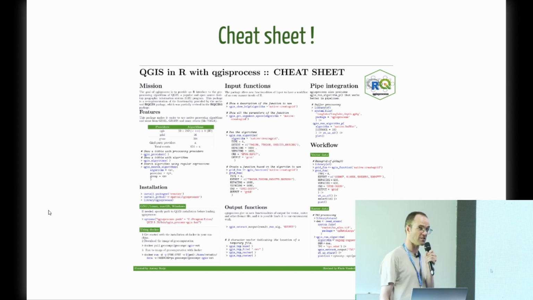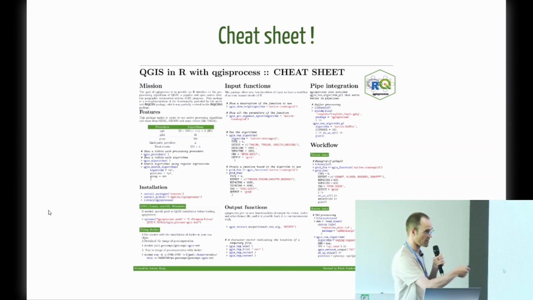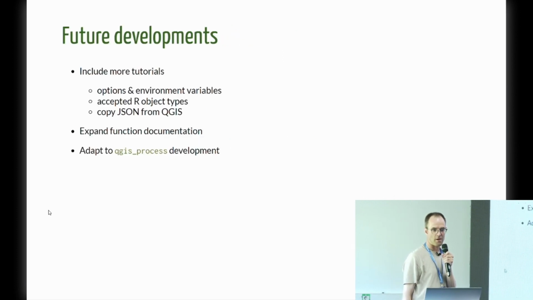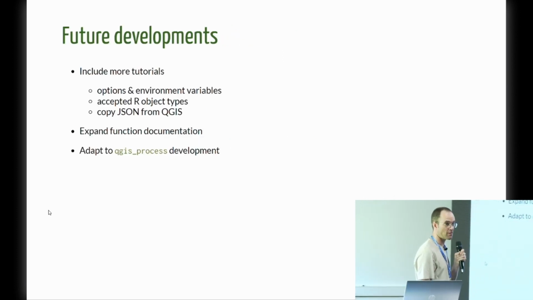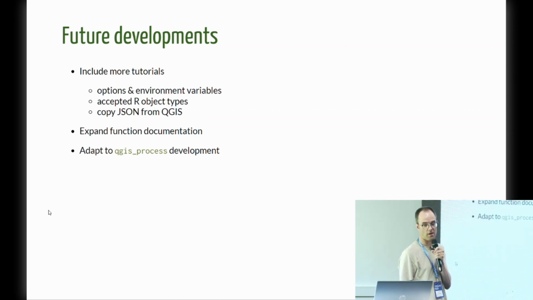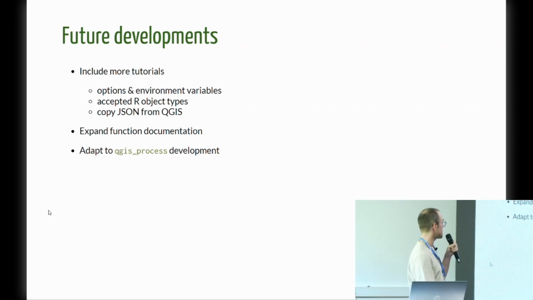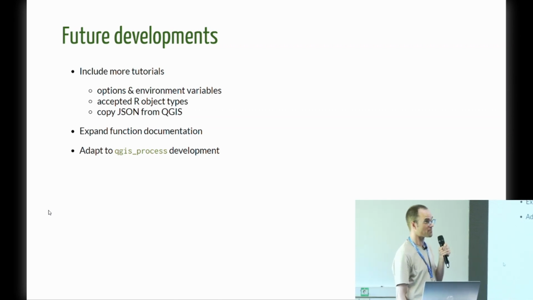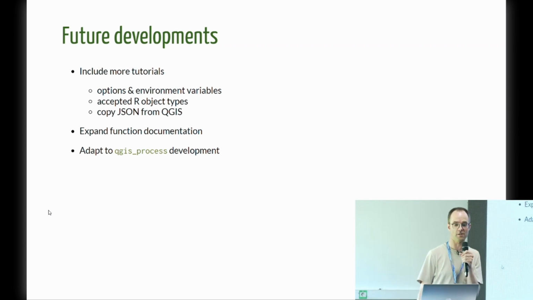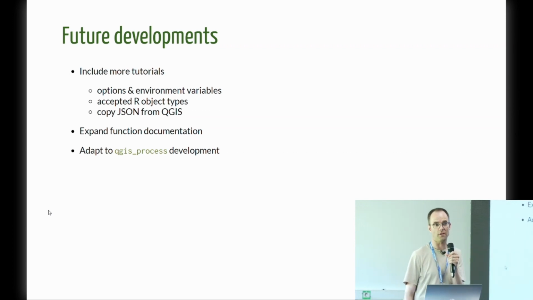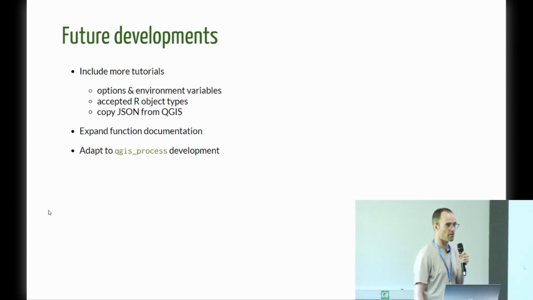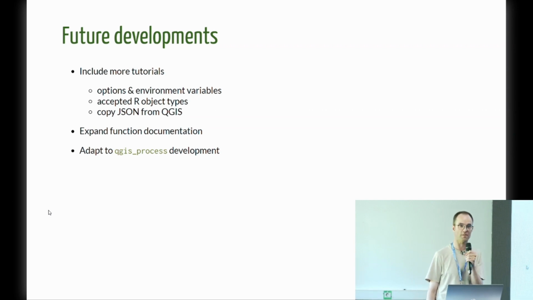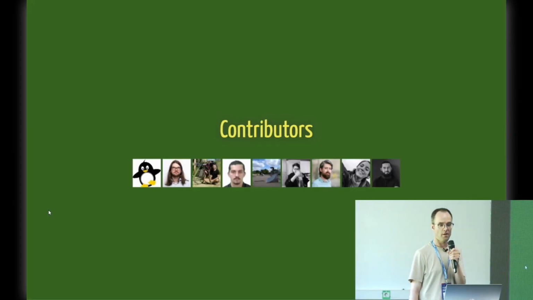There is also a cheat sheet with most of the information I have given here already. For future developments, we can still add more tutorials. For example, for these subjects, we can expand still the function documentation here and there. And of course, we try to follow up extra features that the qgisprocess executable would gain.